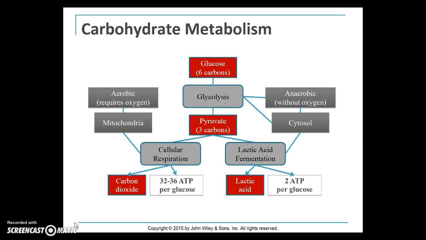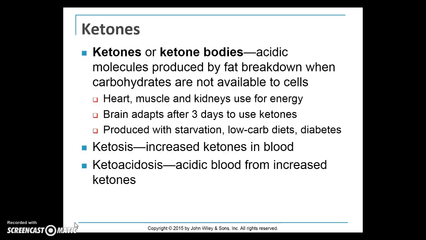And that's why we say, with glucose as a source of energy, we get more energy from the breakdown with aerobic metabolism, with all of that 32 to 36 ATP per glucose.